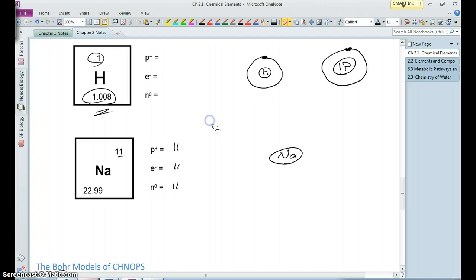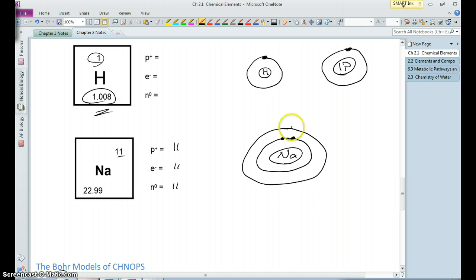Okay, so here's our sodium. Now it's got 11 electrons. That inner orbital will have 2 electrons, so there they are. The next orbital can have as many as 8.